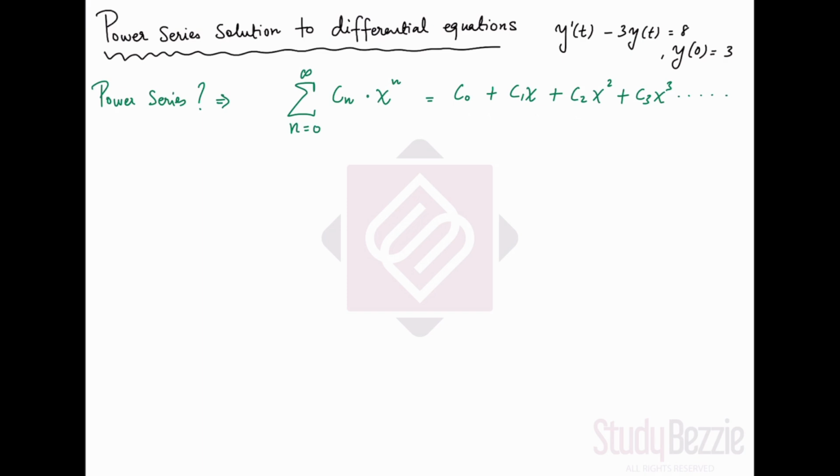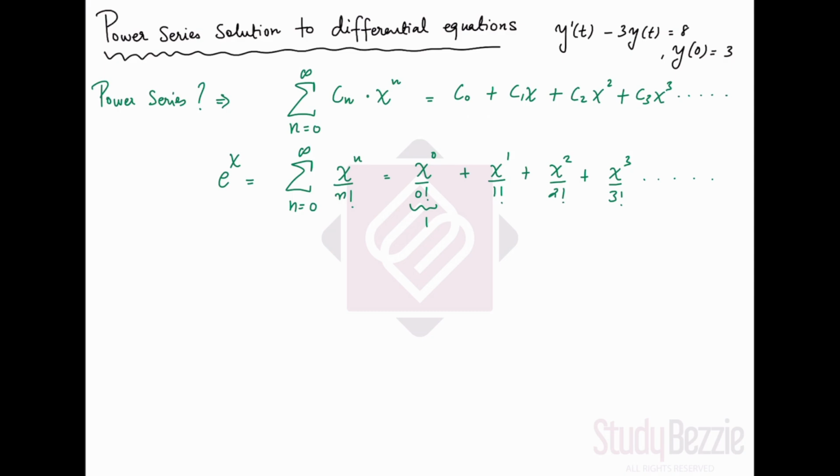For example, the function e to the power x could be represented as a power series like this: the sum of x to the power n divided by n factorial, which when you expand it out will look something like 1, because when you plug in n equals 0, you have x to the power 0 divided by 0 factorial, which is 1. Then you would have x to the 1 divided by 1 factorial, x squared divided by 2 factorial, x cubed divided by 3 factorial, and it keeps on going.